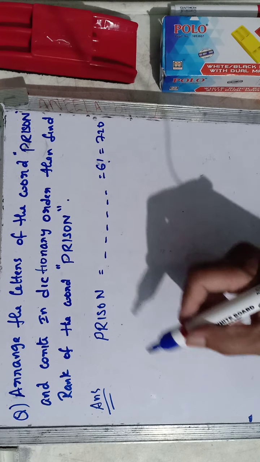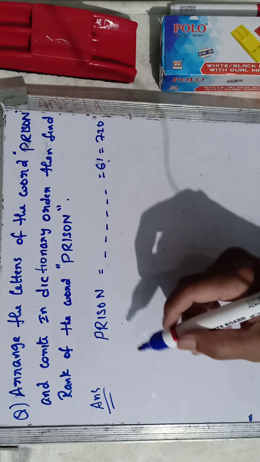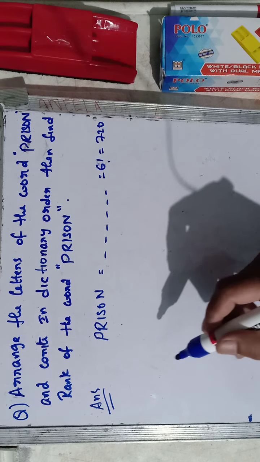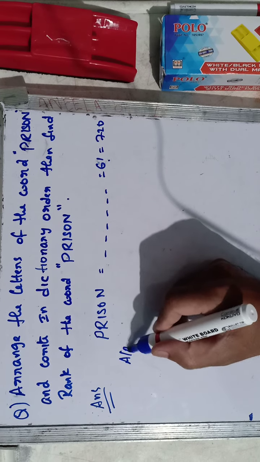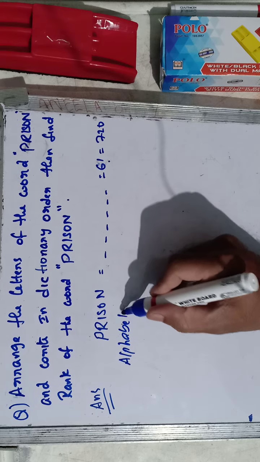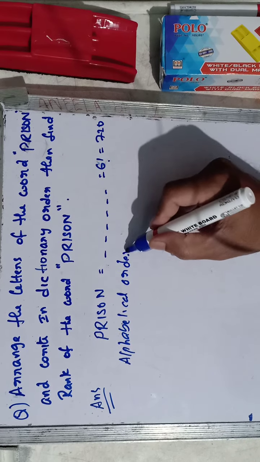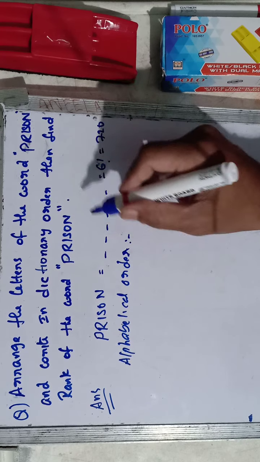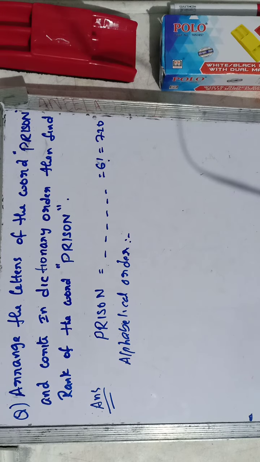To find the rank, first we have to write the alphabetical order of the letters of the word. So alphabetical order: like A, B, C, D, in that order.